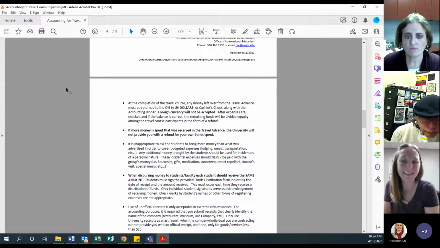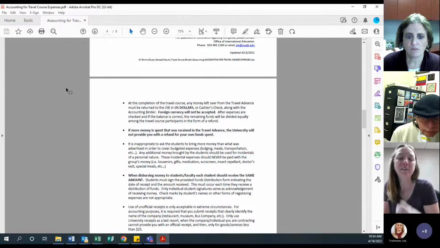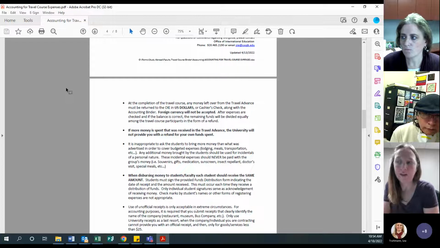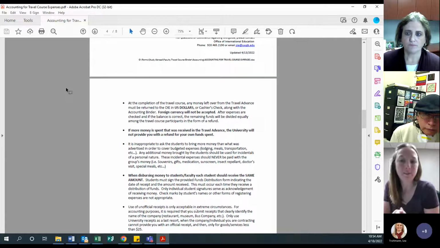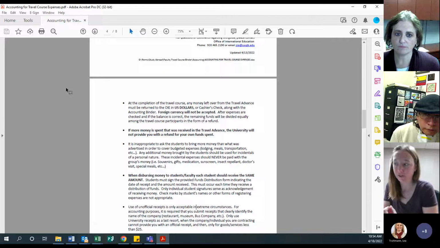If you withdraw money from an ATM, usually your bank will have a conversion rate on your statement. Just give all that information to our office, and we can do those currency conversions. Worst case scenario, we'll use the daily rate from a site called OANDA, O-A-N-D-A, which is the UW system standard for currency conversion. If we don't have anything else, we'll just use the conversion rate from that site on that day for those expenses.